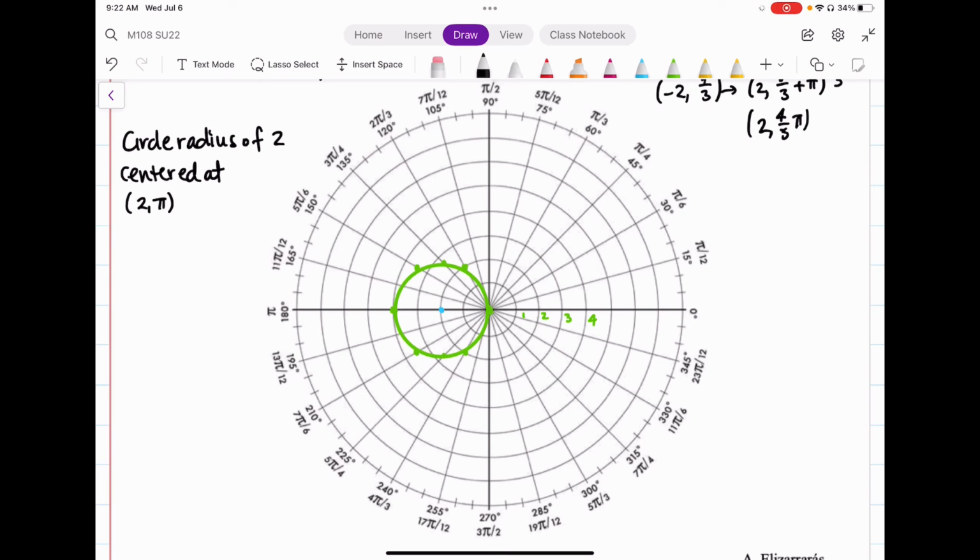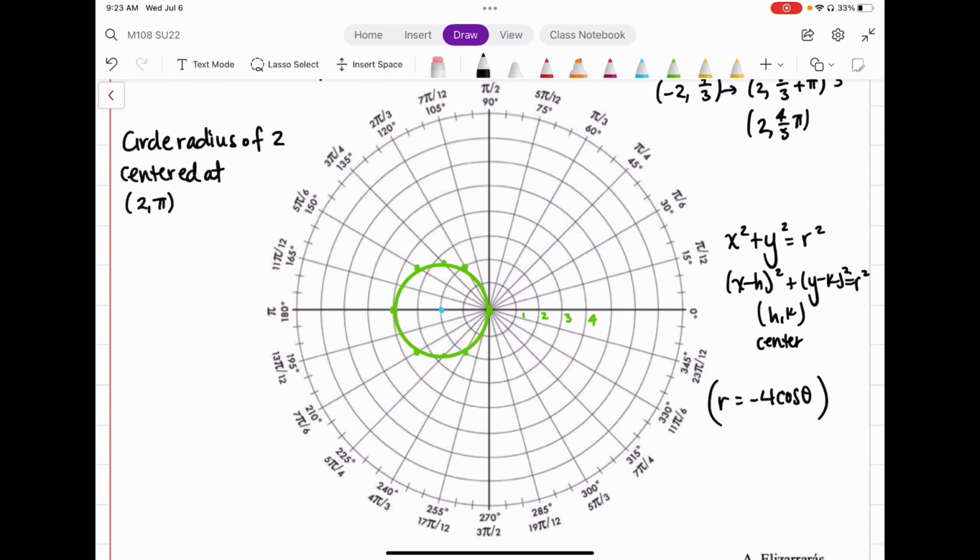Recall in rectangular coordinates that a circle has the equation x squared plus y squared equals the radius squared, or (x minus h) squared plus (y minus k) squared equals r squared if it's not centered at the origin. We can turn this into rectangular coordinates just to verify. We multiply both sides by r. r times r is r squared. r times negative 4 cosine theta is negative 4r cosine theta.